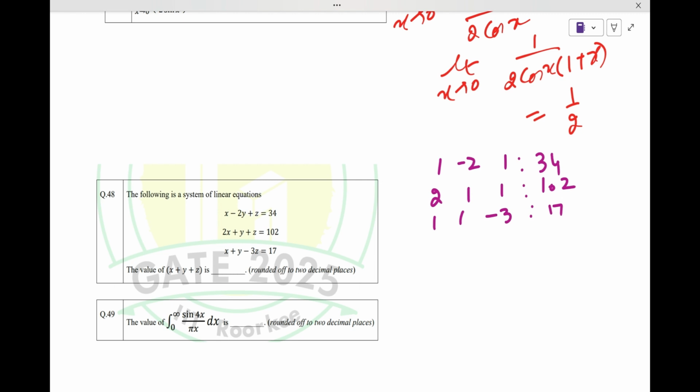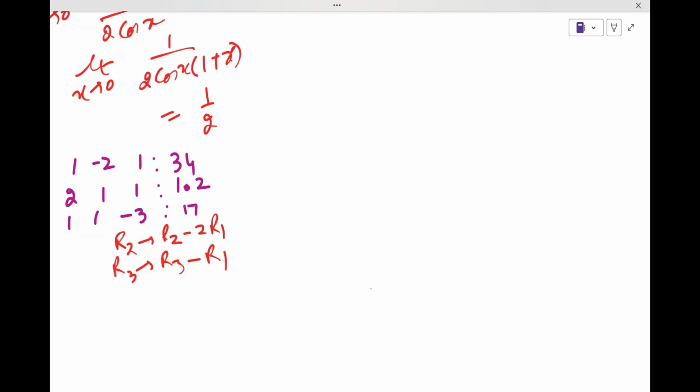We are going to make it upper triangular, making these three elements 0. First of all, we apply the operations R2 minus 2R1 and R3 minus R1. The first row remains as it is. So the second row becomes 0, 5 minus 1, 34, and the third row is 0, 3 minus 4 and 17.